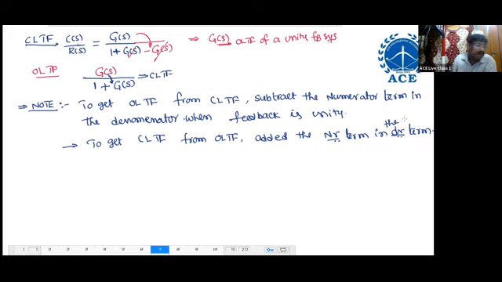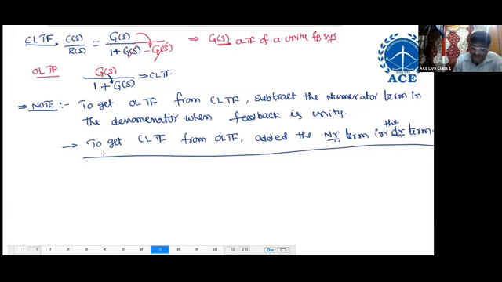Just add it. Automatically you will get the closed loop transfer function. Closed loop you want, add it. Open loop you want, subtract it. That's all. Remember this. But it is valid only for unity feedback.